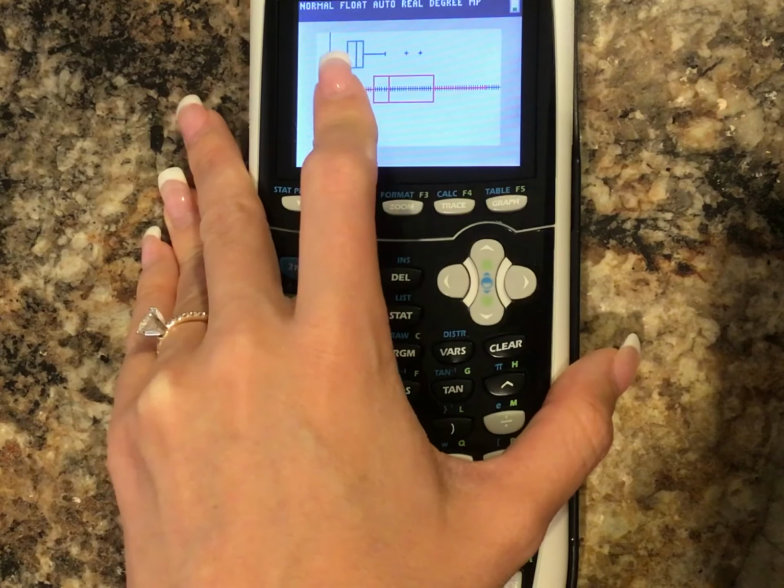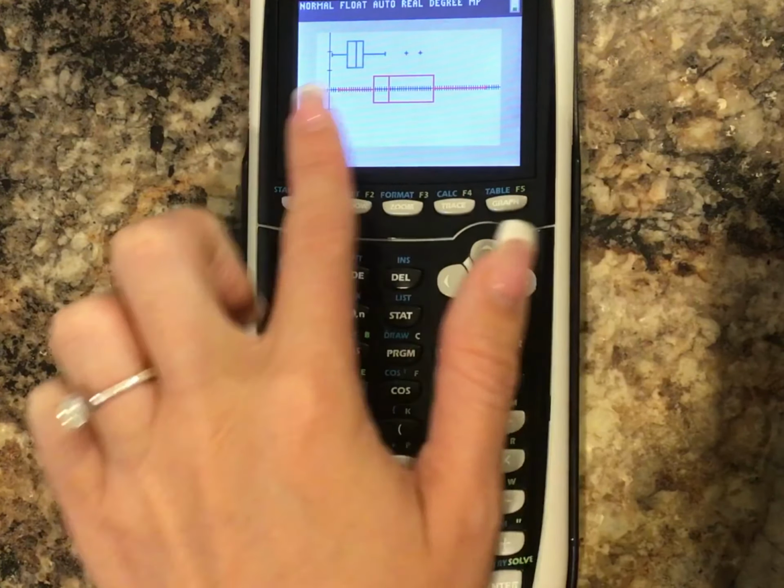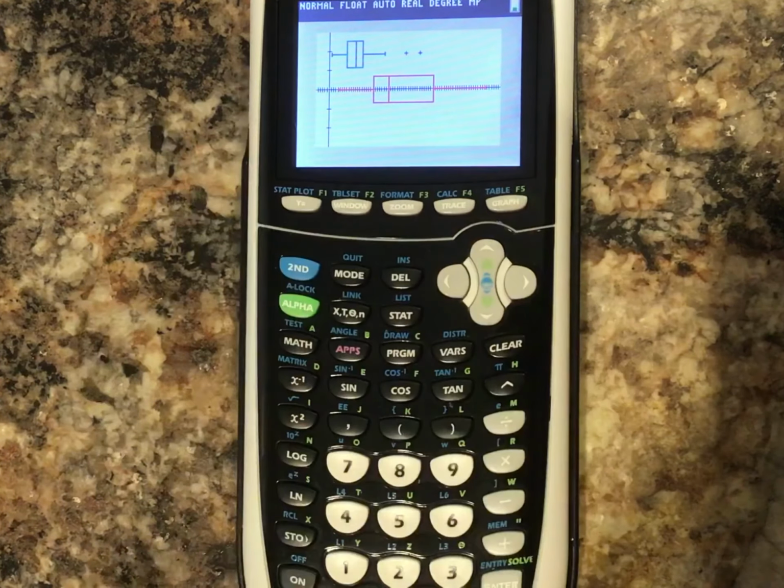So we have all of this data clustered really close together, unlike this data here where it's really spread apart. So that's why this is useful. So if you ever need to do a box plot, you can do that. You can also do a modified box plot where we're going to star out those outliers, but it's great to see how spread out the data is and compare that to other data sets.